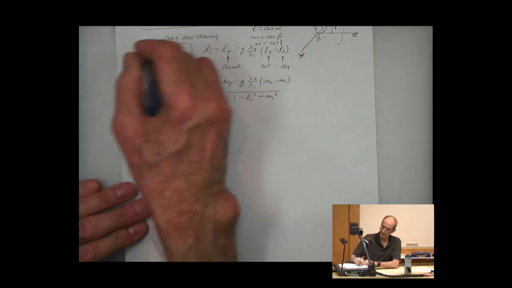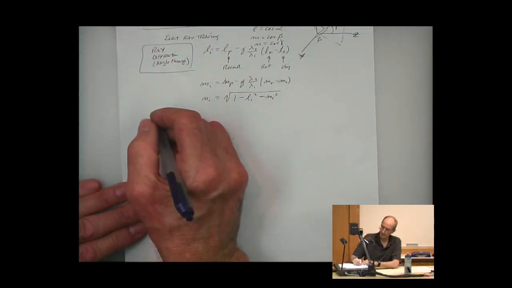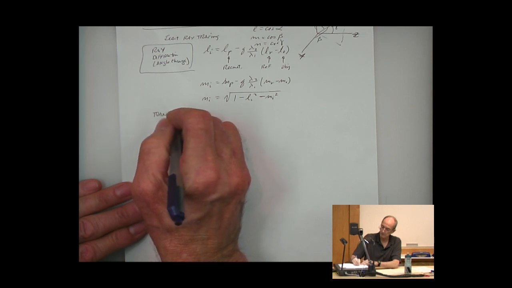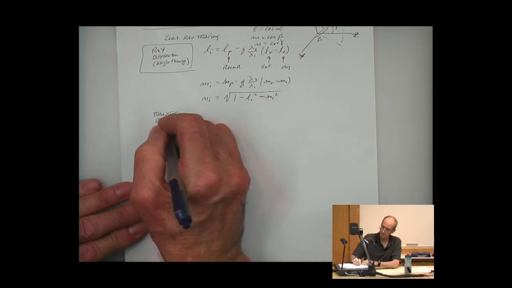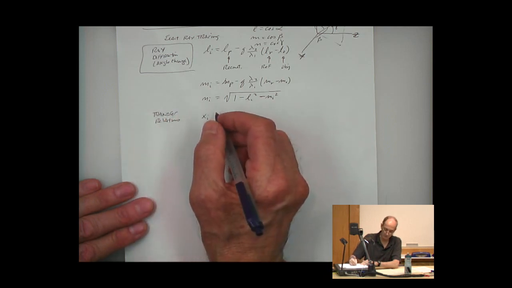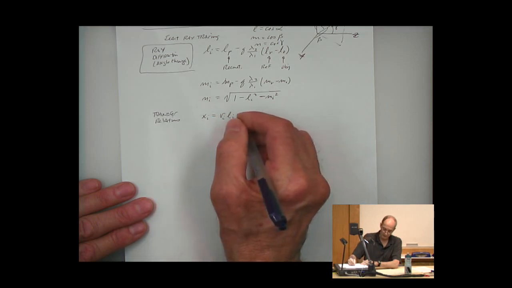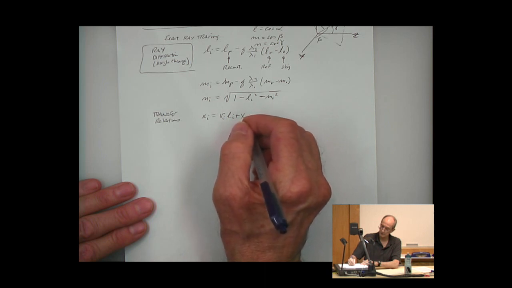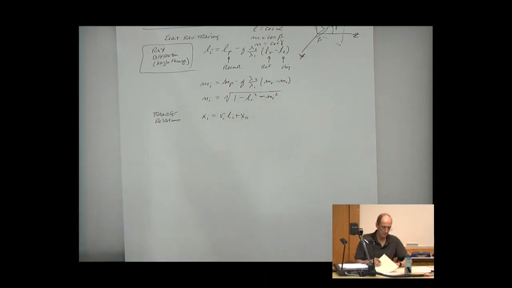Okay, so we have this for the angle change, and then we had for the transfer relations, that xi on our evaluation plane is equal to Ri Li plus xh, where xh is the coordinate on the hologram plane.